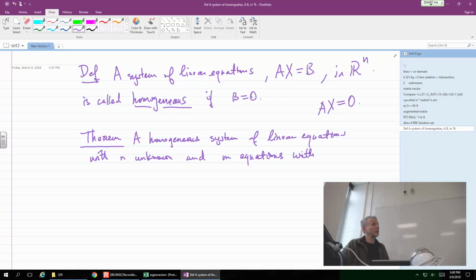You might have too many equations, then you might end up restricting the variables so much that you won't have any answer, or you have too few equations, which means that there will be infinitely many solutions. So that's what this theorem is about. So m equations, I will require that there are fewer or more unknowns than equations.